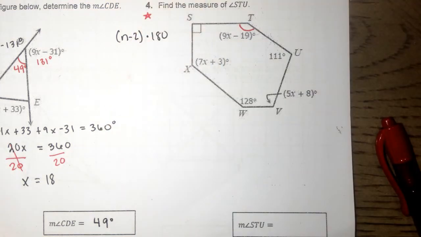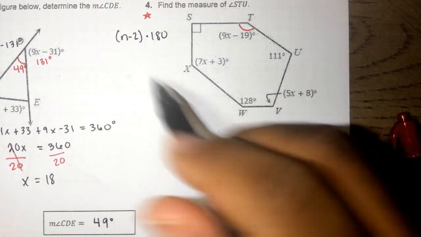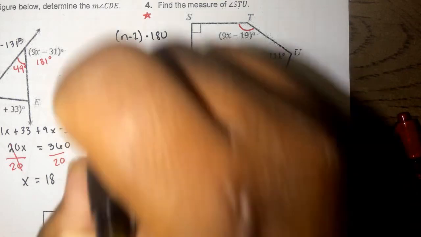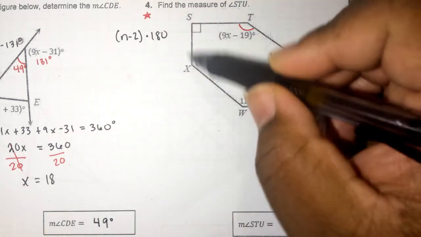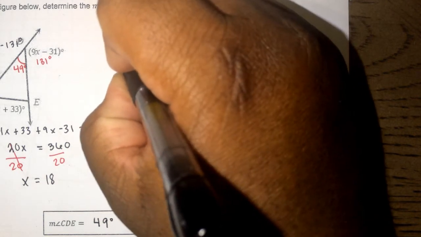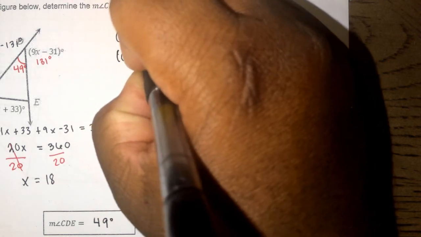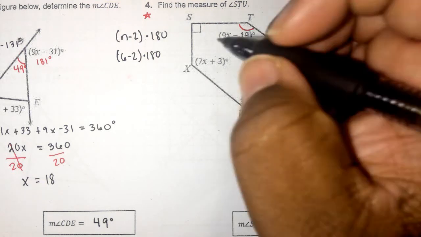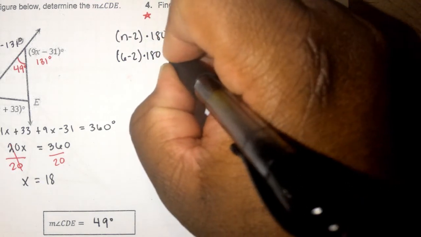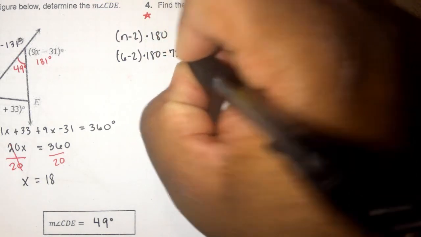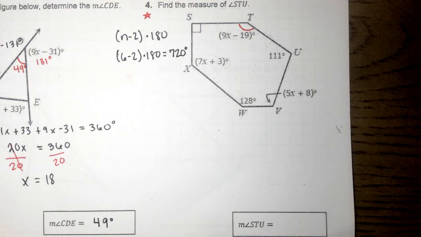This is going to give you the sum of the interior angles of any polygon. Count the number of sides: 1, 2, 3, 4, 5, 6. So 6 minus 2 times 180. And that sum is going to be 720 when you do the math. So all these angles in this figure add up to 720 degrees.